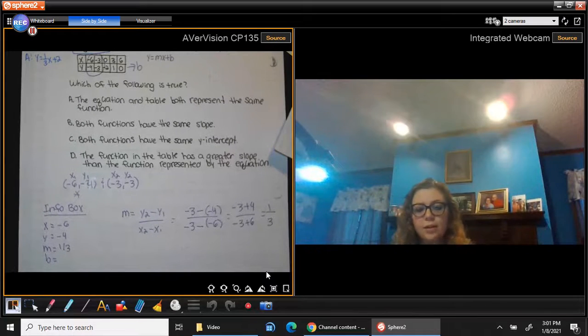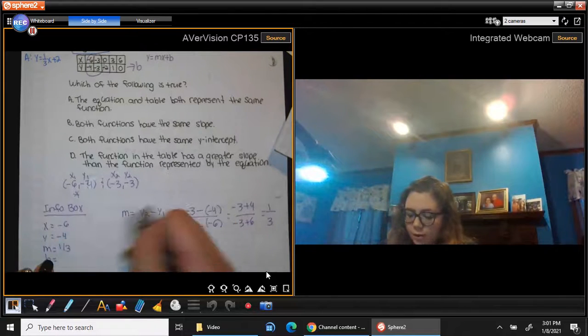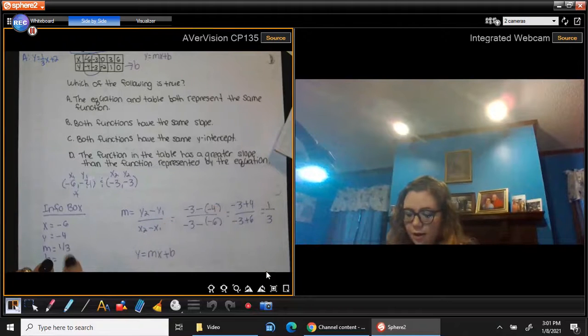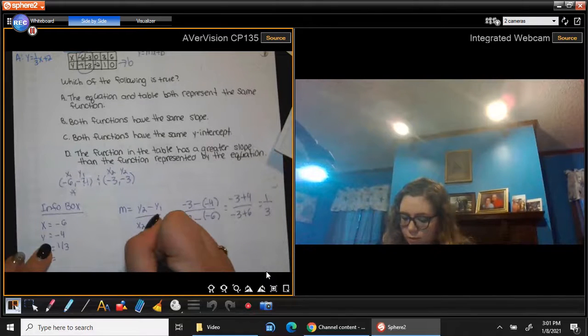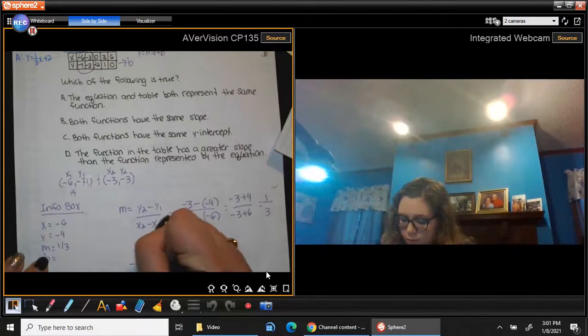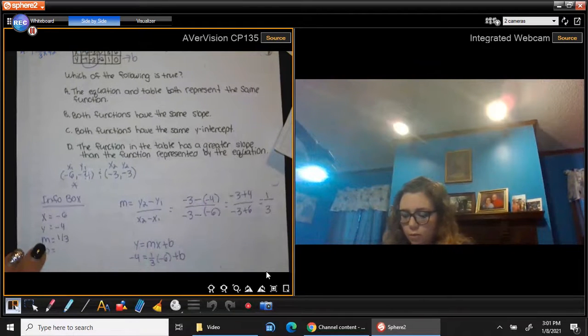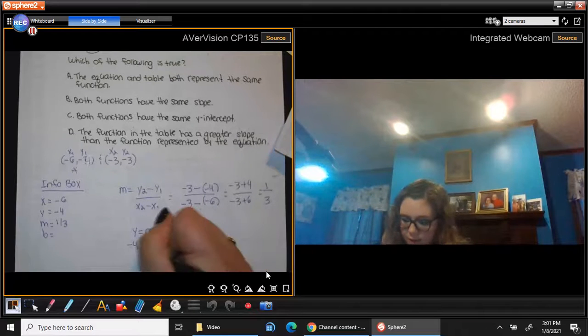1/3. The only thing left that we have to solve for is my y-intercept. I have all the other things, so I'm going to plug in all of these values, and then solve for my unknown, which is b. 1/3 times negative 6 is going to be negative 2.